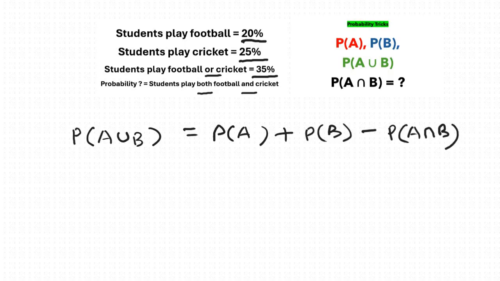Here, probability of A is the percentage of students who play football. So we can write probability of A equals 20%, or in decimal, 0.2.